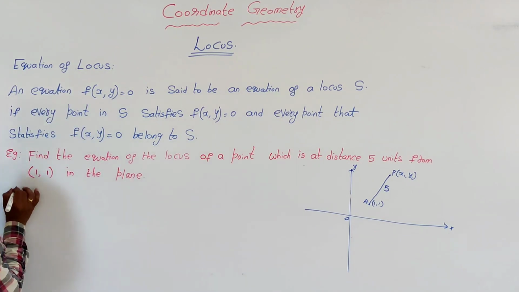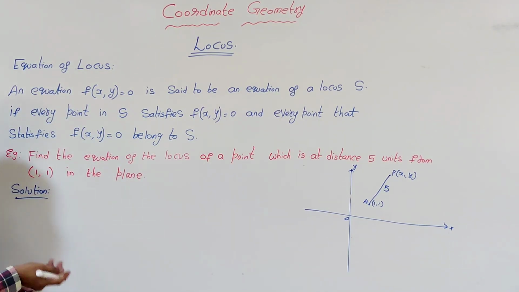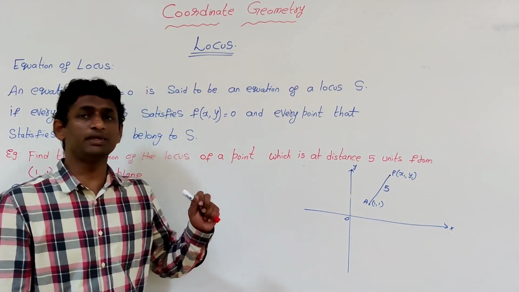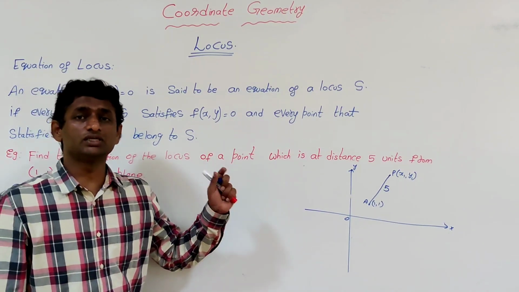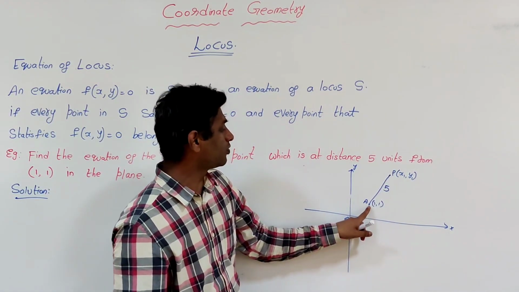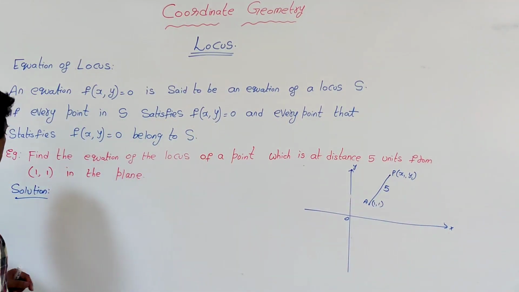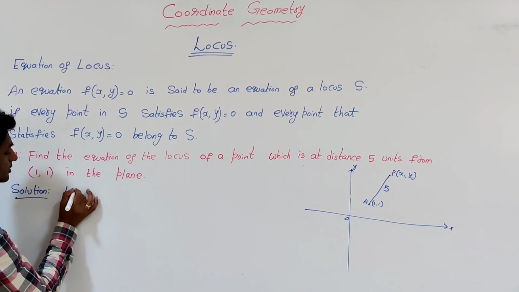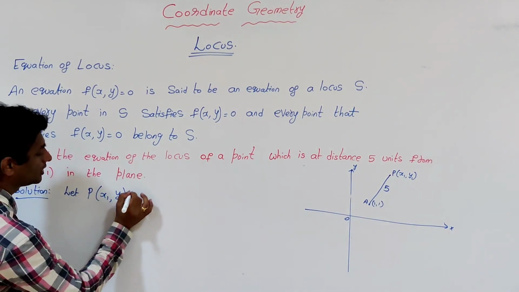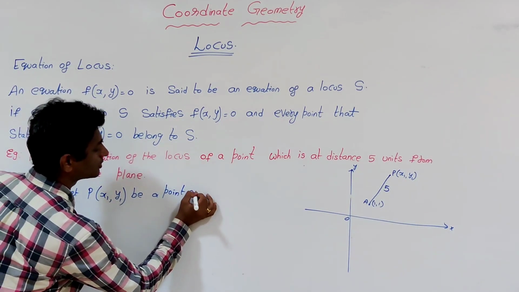Okay, so the solution. Let us treat a point on the locus, which means it satisfies the condition. What is the condition? The distance from this point to the point (1, 1) is 5. Let P (x1, y1) be a point on the locus.